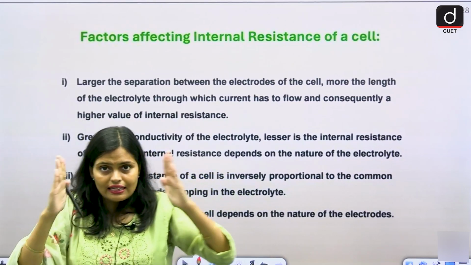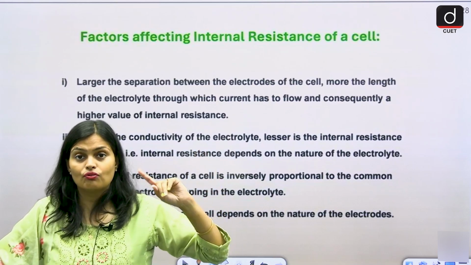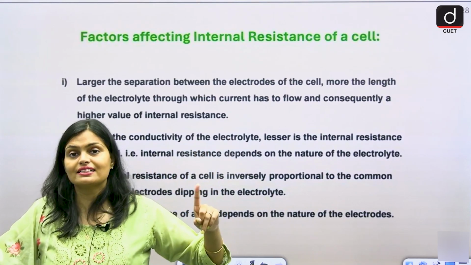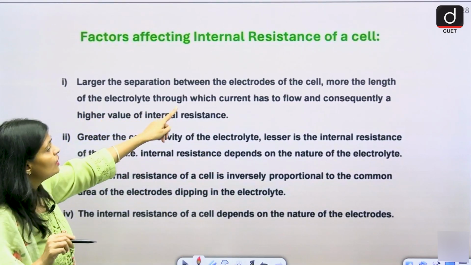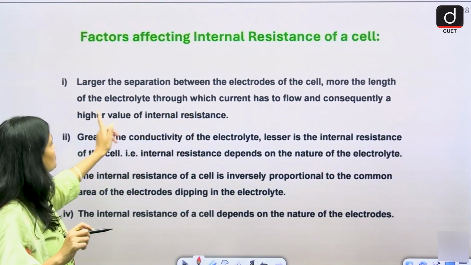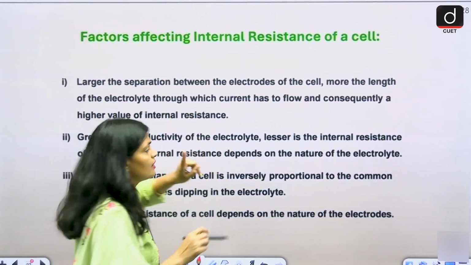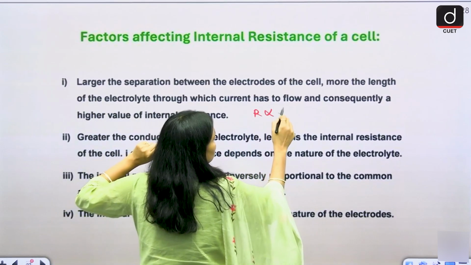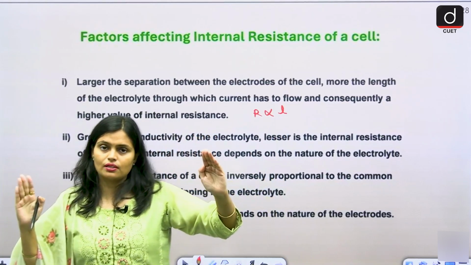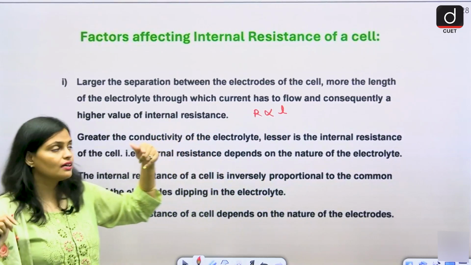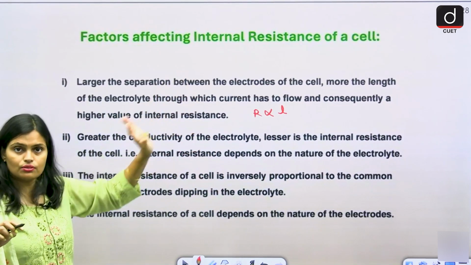So as the distance between the two electrodes increases, the length increases, then more the length of electrolyte through which the current has to flow, consequently higher the value of the resistance. R is directly proportional to L ना, तो जितना ज्यादा इलेक्ट्रोड के बीच में डिस्टेंस होगा उतना ज्यादा रेजिस्टेंस बढ़ता जाएगा, तो R is directly proportional, तो internal resistance also increases.